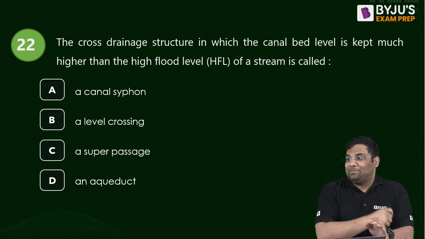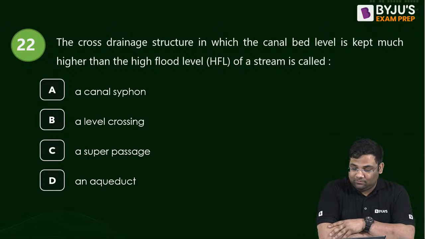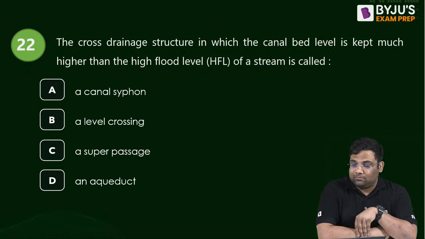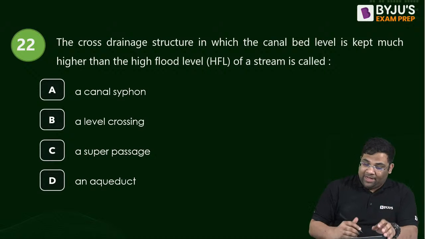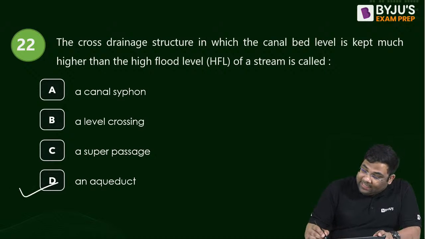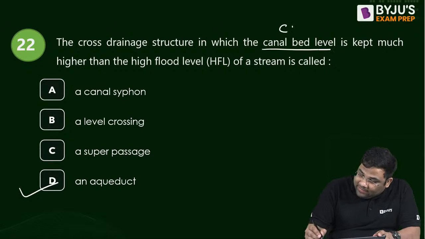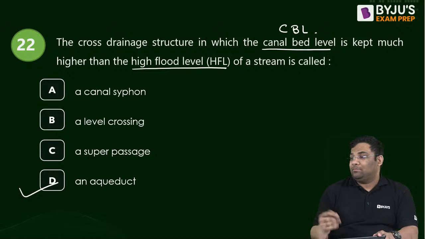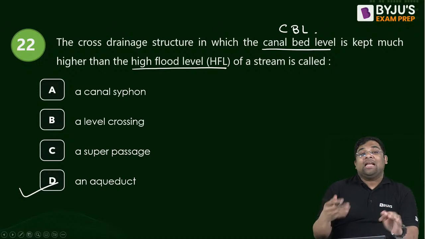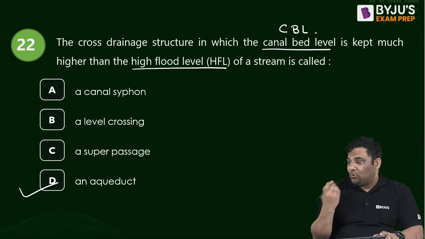Answer this question. It is an aqueduct. What is written? The canal bed level, CBL, is kept higher than the HFL of the stream. Now they can ask questions like this also, very simple.